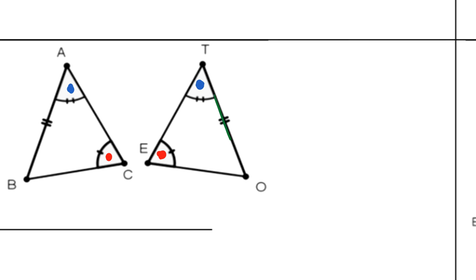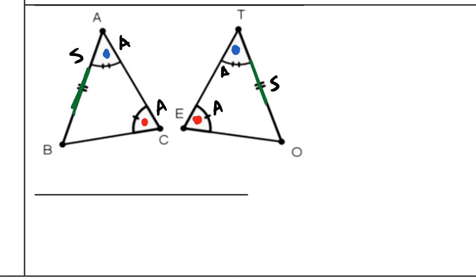And then the last thing we have is that this side is congruent to this side. So this congruence pattern is angle, angle, and then the side. Notice that it has to be the corresponding side, right? So this is the angle, angle, side congruence condition.